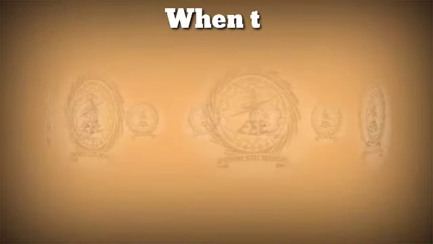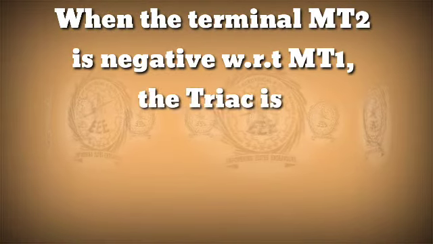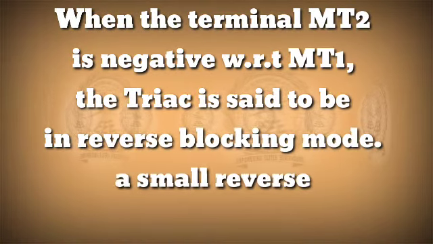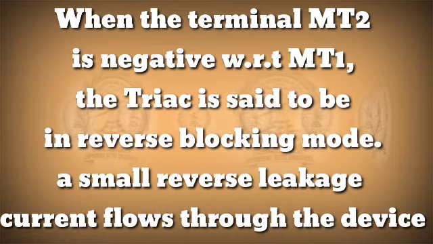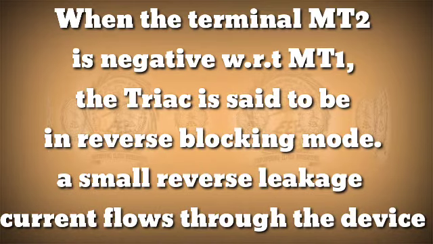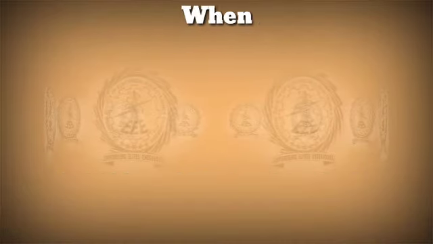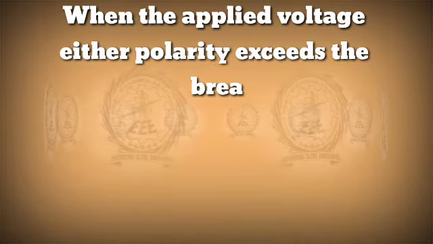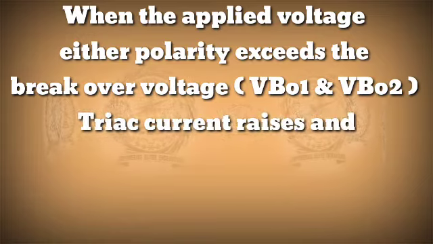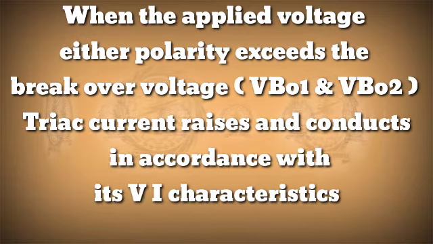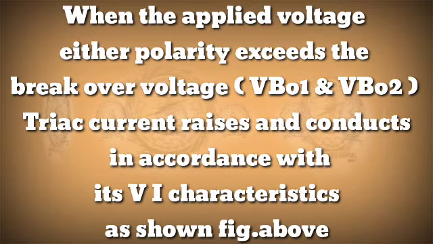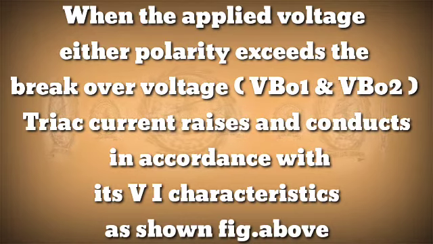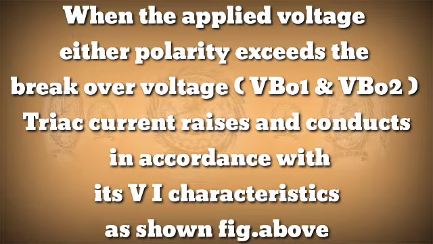Similarly, when the terminal MT2 is negative with respect to MT1, the triac is said to be in reverse blocking mode. A small reverse leakage current flows through the device. When the applied voltage of either polarity exceeds the breakover voltage, triac current rises and conducts in accordance with its VI characteristics as shown in the figure above.